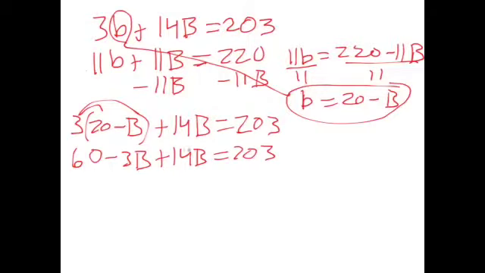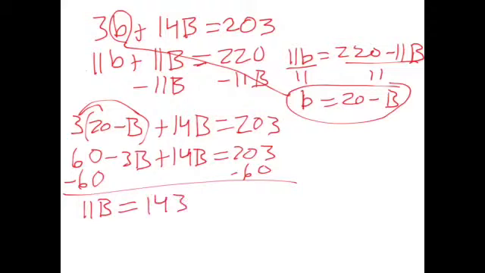And now I need to subtract the 60 from both sides, and I'll combine my like terms to give me 11 large b equals, oh shoot, what's 203 minus 60? That'd be 143. And you just need to divide both sides by 11, and you'll get large b equals 13.